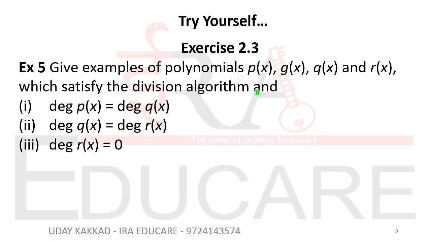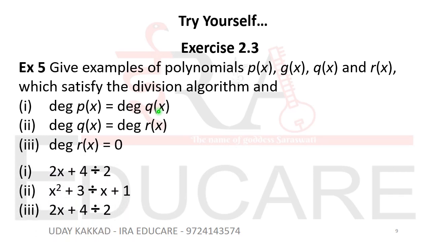So it may happen that in different books you get a different solution. Here, in the first case, you said that the degree of p of x and degree of q of x are the same. You know what the degree is, the highest power of the variable in any polynomial, right? So let's take the first example. Here 2x plus 4 divided by 2.